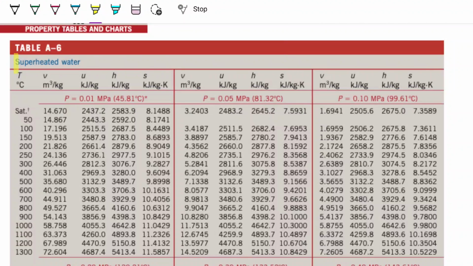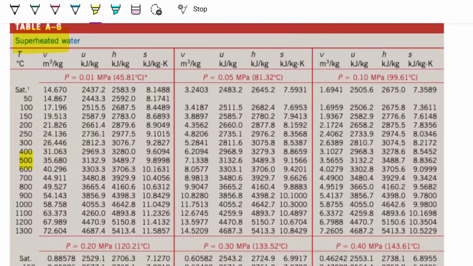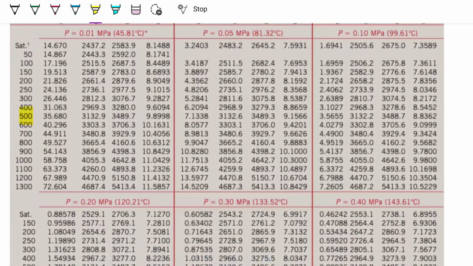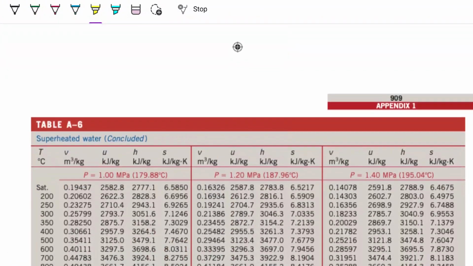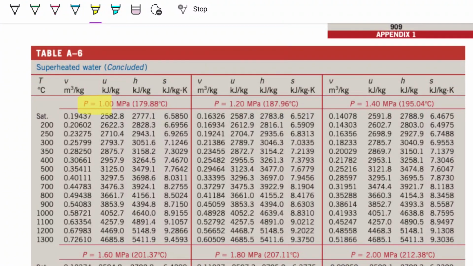This one is here. And here what I want to look for is on the temperature side, I want 500. So I want this column here. And then on the pressure side, I want 1000. This is not what I'm looking for. Where are we? Here we are. 1000 kilopascals or 1 megapascal, and this is 500. So I'm looking for these properties here.